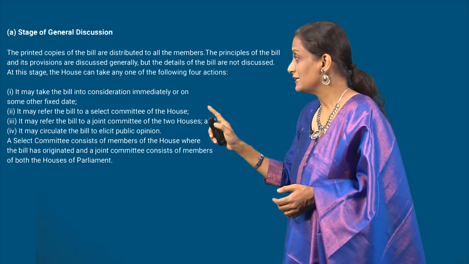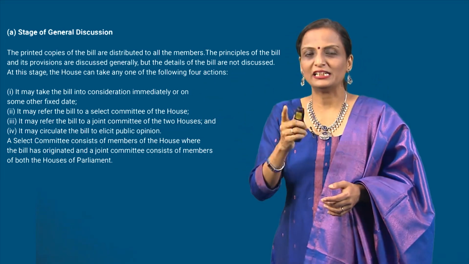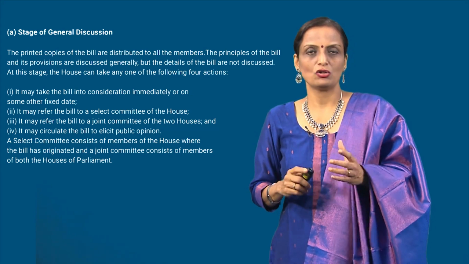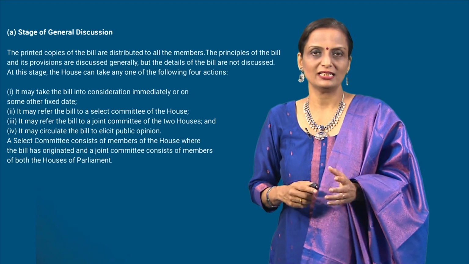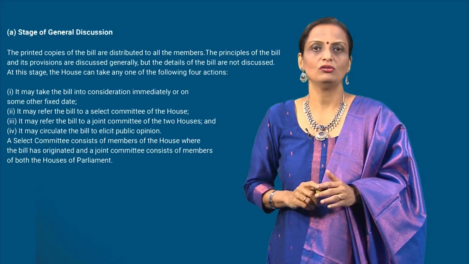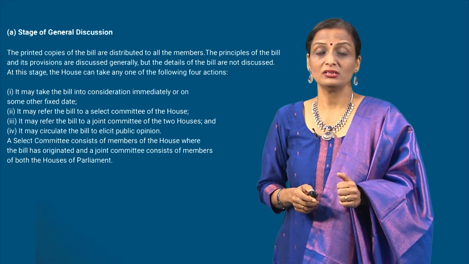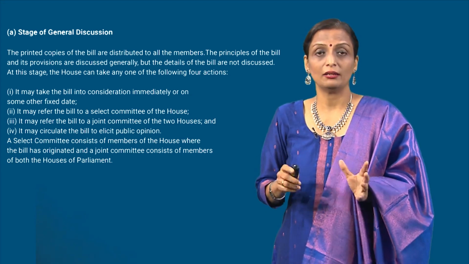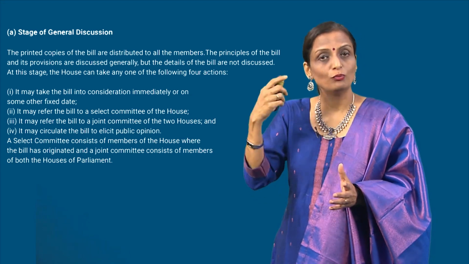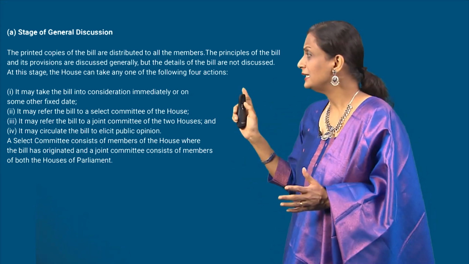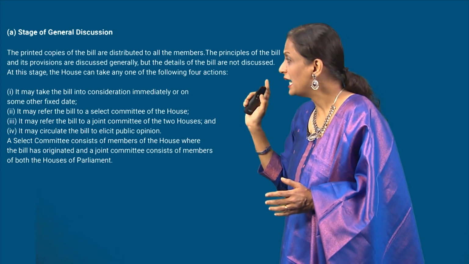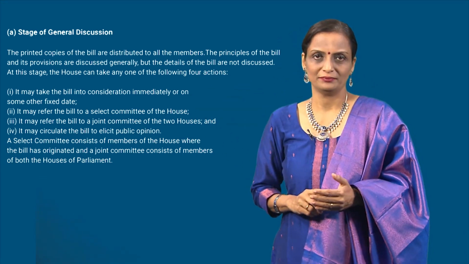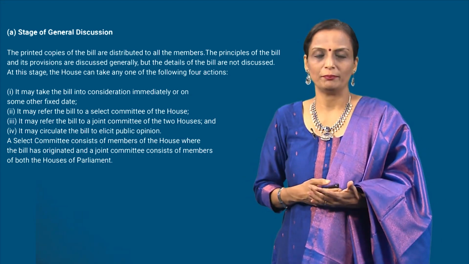The third point is, it may refer the bill to a joint committee of both the houses. So, if they think that the bill cannot be just scrutinized by a select committee in the lower house or the upper house, it can recommend a joint committee of both the houses. The next point is, it may circulate the bill to elicit public opinion, to get feelers from the public.